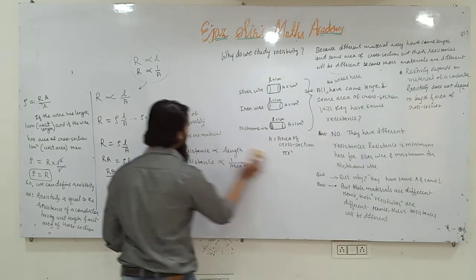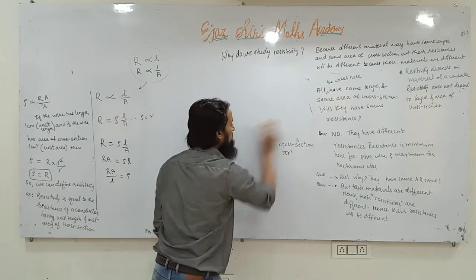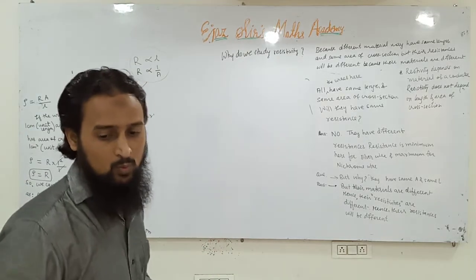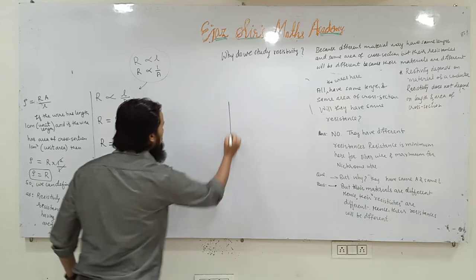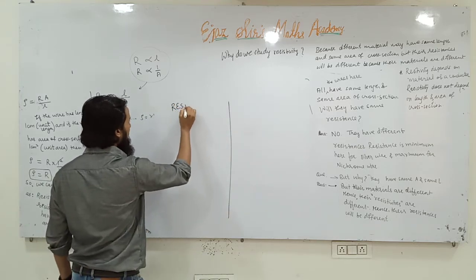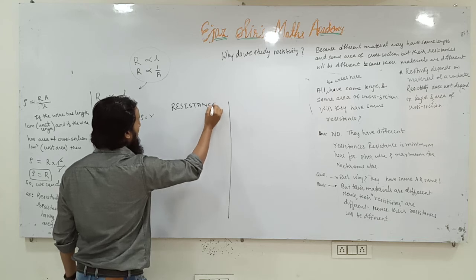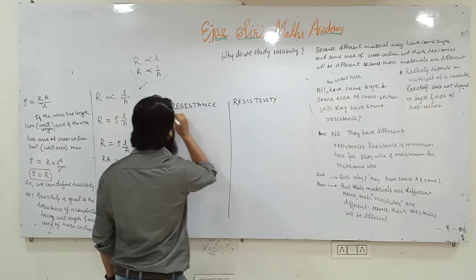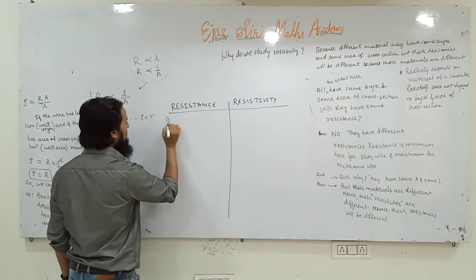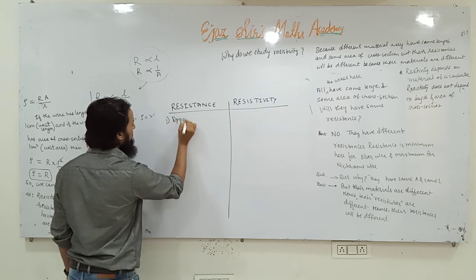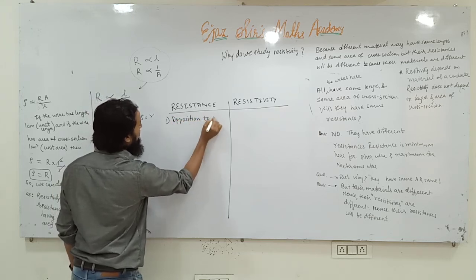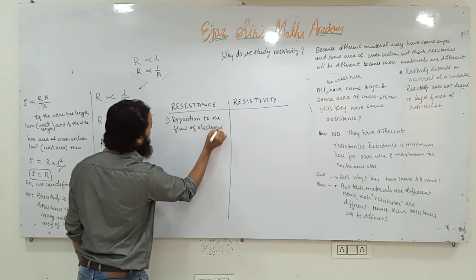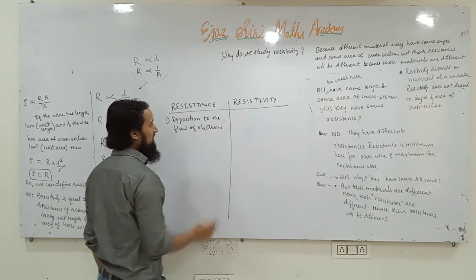Now we will differentiate between resistance and resistivity. See how. Here it is resistance and here it is resistivity. Number one: resistance is the opposition to the flow of electrons. And what is resistivity?